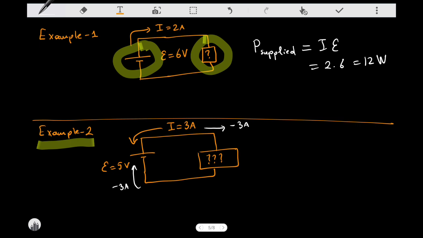So the current that flows in the correct direction with polarity is therefore minus 3 amperes. So in that case, the power supplied for this example would be minus 3 amperes multiplied with 5 volts. So therefore, this is going to be minus 15 watts.